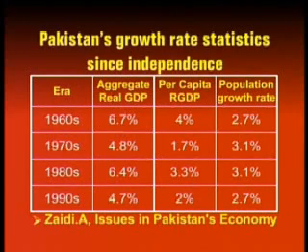Whereas the per capita GDP growth rate for these 4 decades was 4% in the 60s, 1.7% in the 70s, 3.3% in the 80s, and 2% in the 90s, which implies that the population growth rate must have been 2.7% in the 60s, 3.1% in the 70s, 3.1% in the 80s, and 2.7% in the 90s.